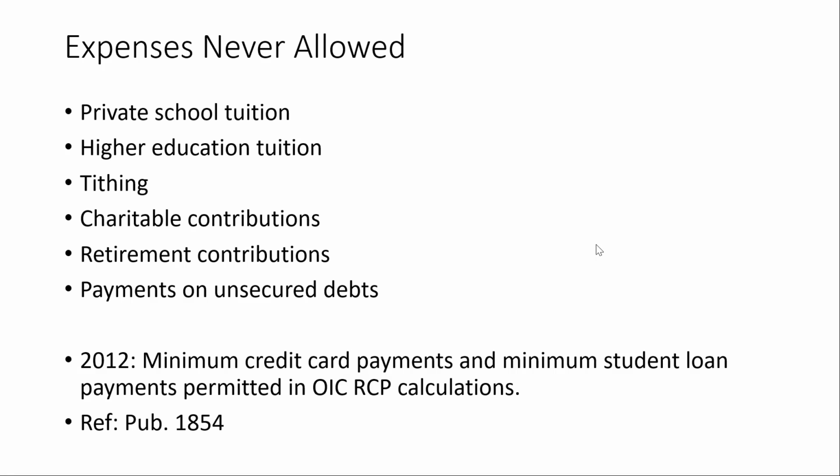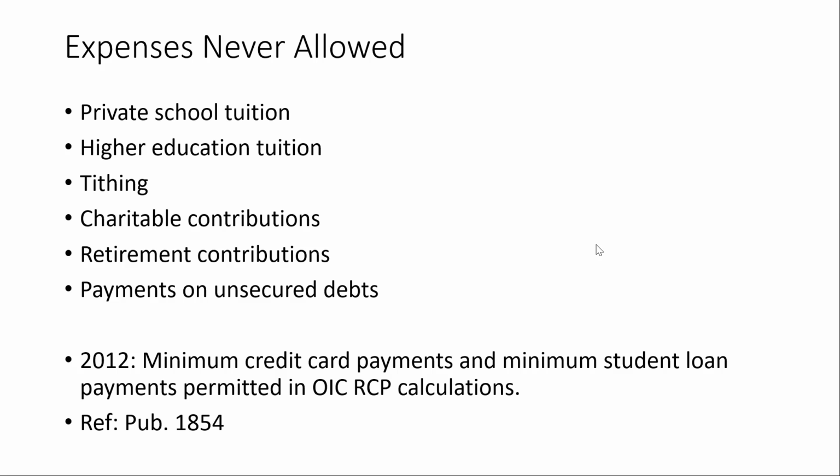Sometimes we can make an argument for private school. Higher education tuition, again, K-12 is guaranteed in this country. College education, that is a privilege. It is not a right in the United States. Tithing to church, charitable contributions, retirement contributions, those things are all also optional and a privilege.